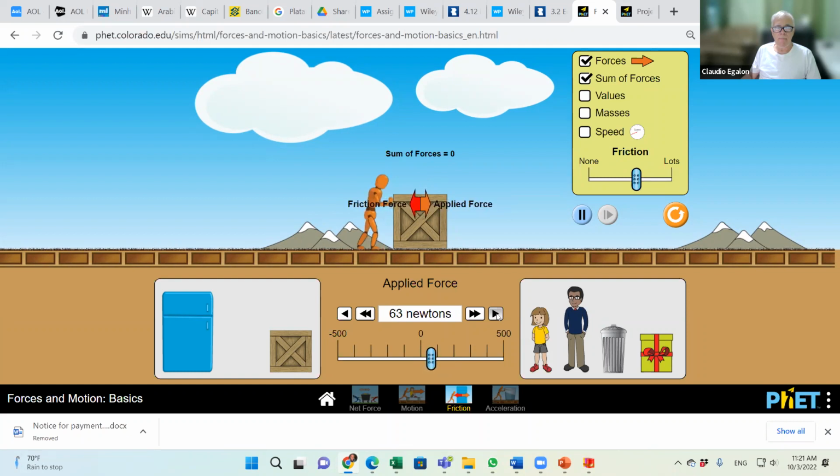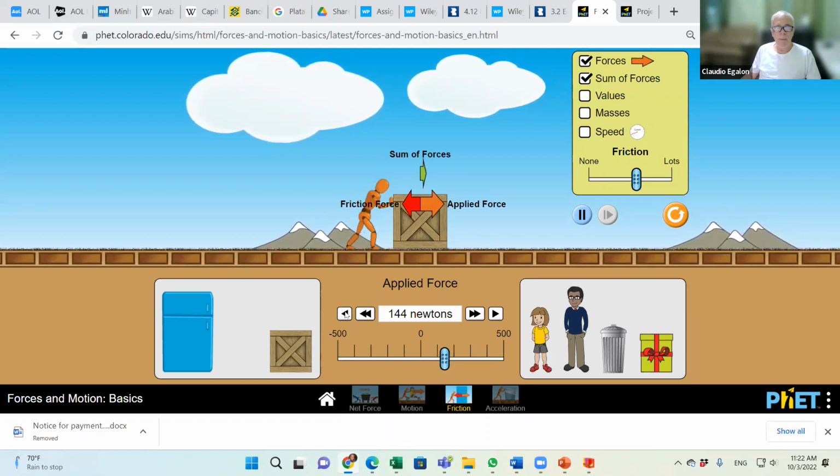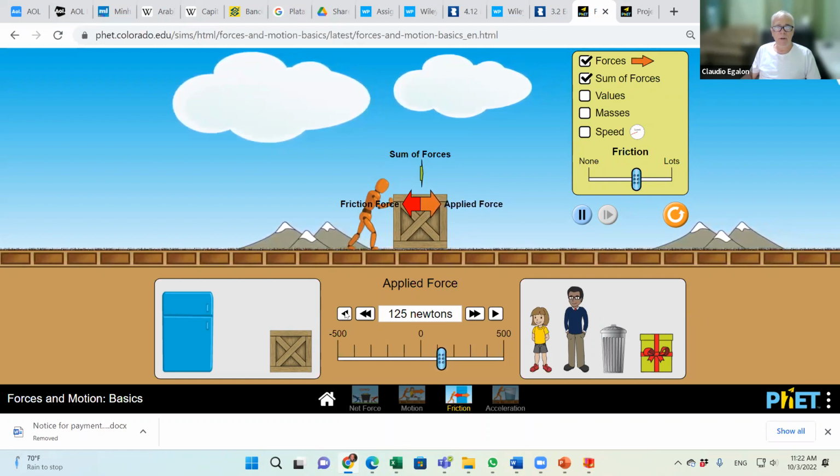Here you go. Force of friction. Applied force. Oh, now we got there. Now we have a force to the right. I'm going to decrease the applied force so we can have a net force equal to 0.